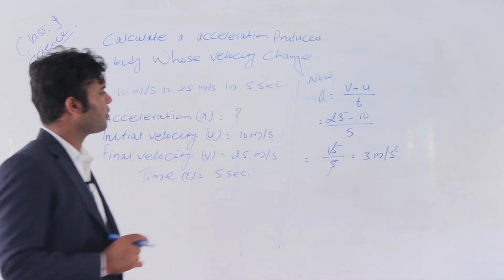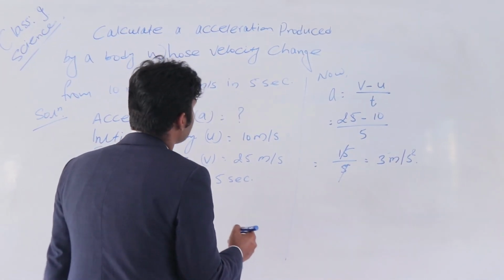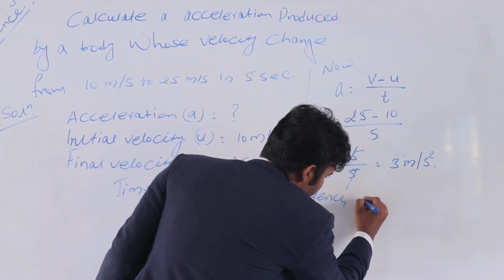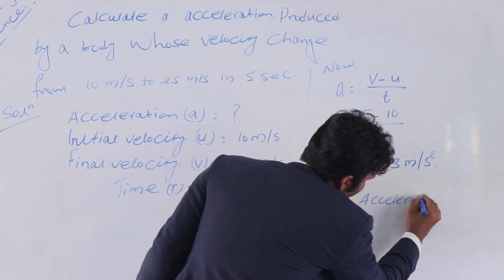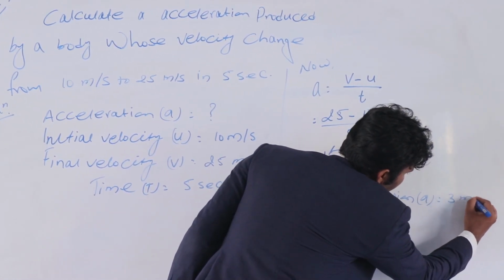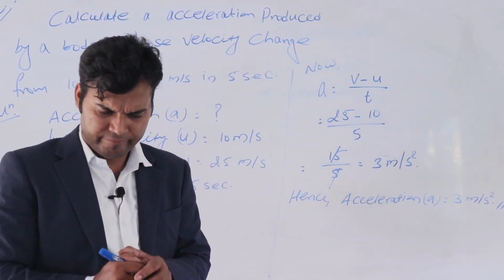Hence the acceleration produced by a body is a is equal to 3 meter per second square. Isn't it? You are fine?